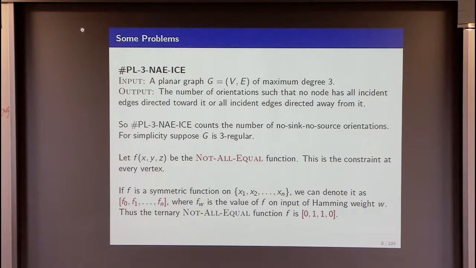Unlike the general case, where 2 to the n values will specify the truth table. So in the case of the not-all-equal, you're saying if the Hamming weight is 0 and the Hamming weight is 3, they are both no good. That's a 0 output. And if the Hamming weight is 1 or 2, then it's fine. So this is just a shorthand to say here is the function.